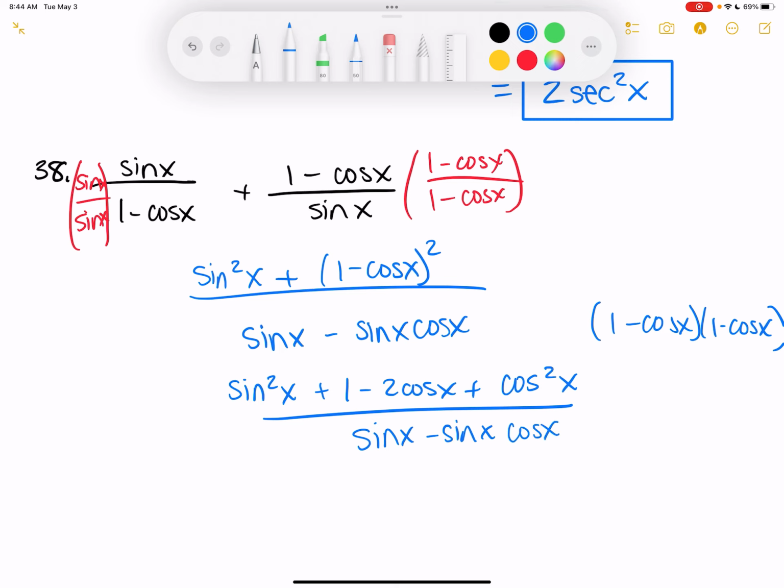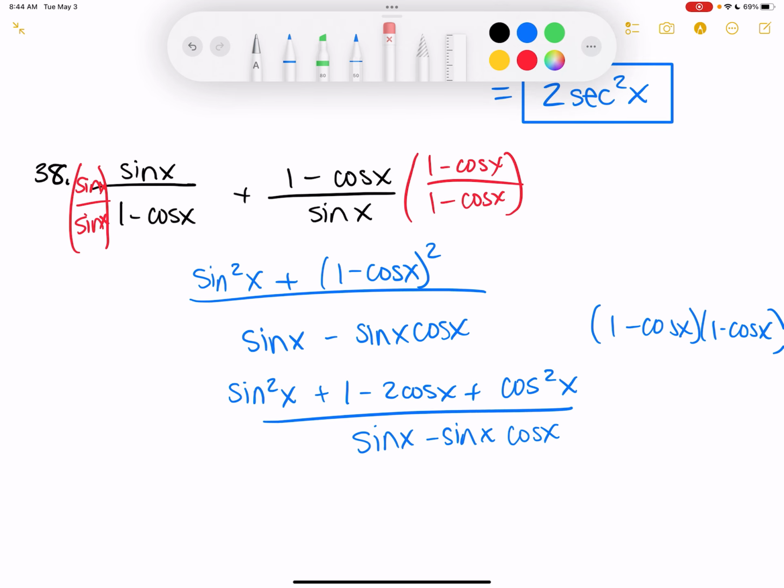The x's can't cancel, but the signs cancel on the bottom, right? Sine squared plus cosine squared is 1. So 1 plus 1 is 2 minus... Where did we get that? The Pythagorean identity. Oh yeah, never mind.